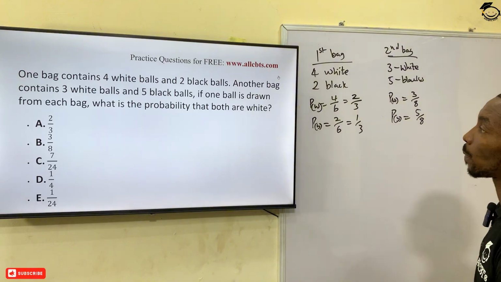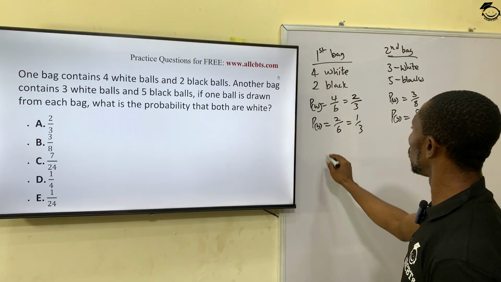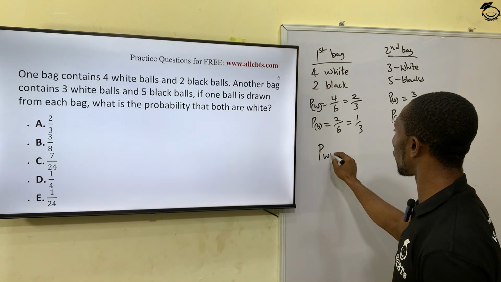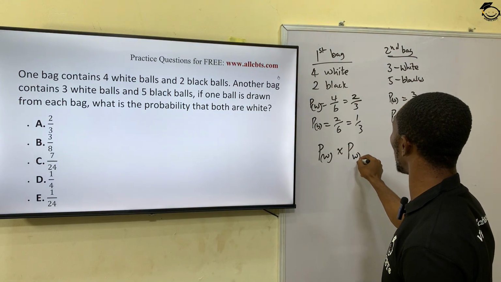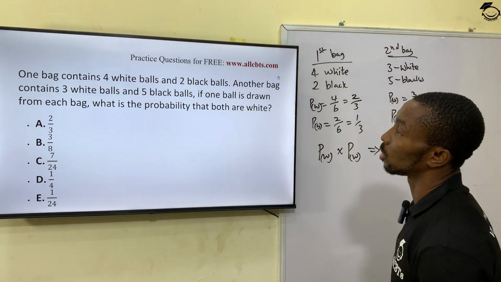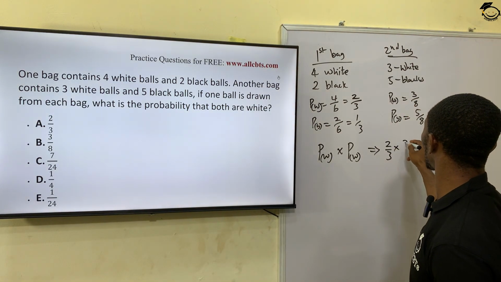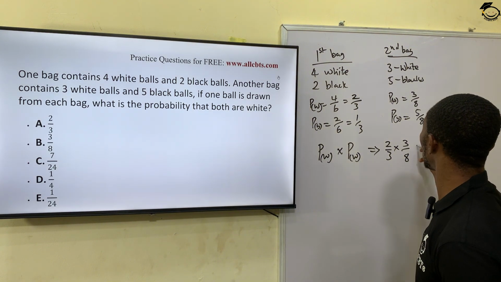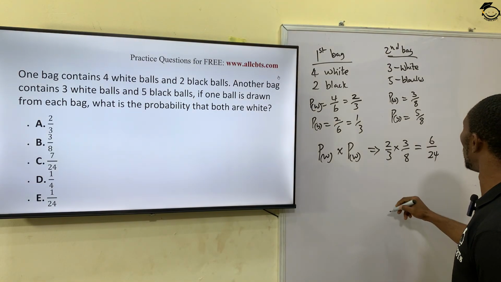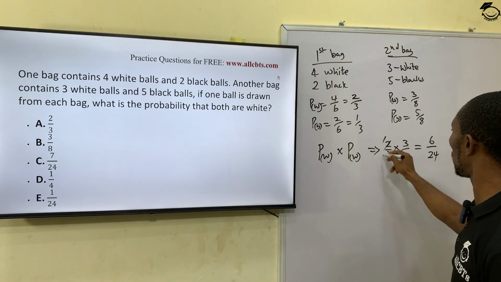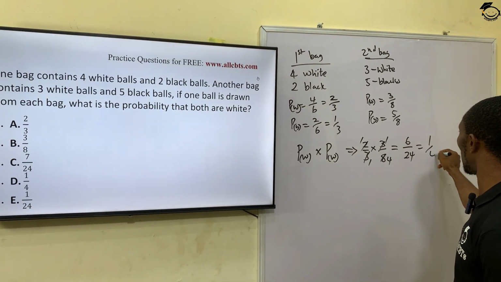Now, it says if one ball is drawn from each bag, so this will be the probability of white from bag 1 times the probability of white from bag 2. So this will give us 2 over 3 times 3 over 8, which gives us what? 6 over 24. Or we can break it down: 2 over 4, 3 over 3, which will give us 1 over 4.